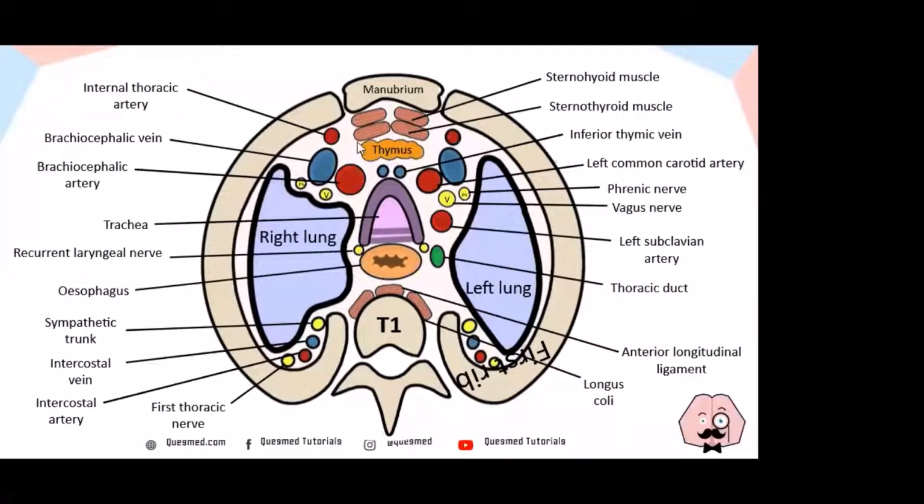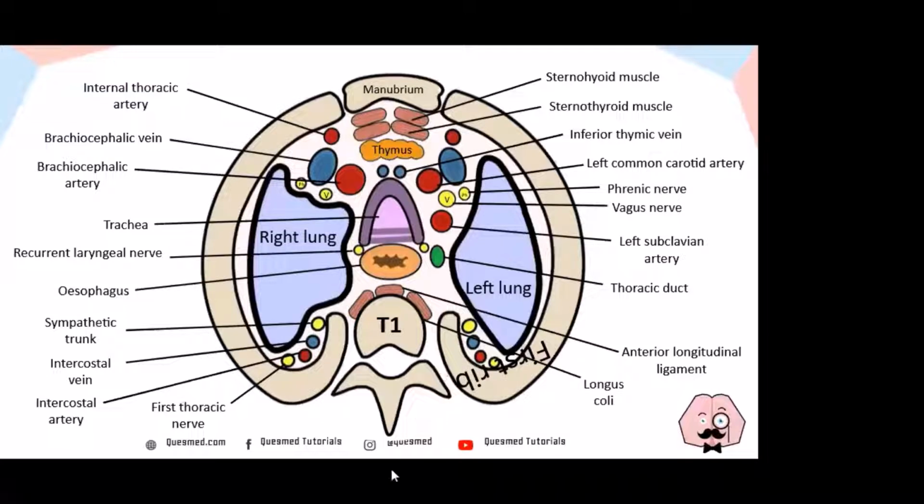And you've got your internal thoracic or internal mammary arteries, which run down the anterior inner part of your chest wall. You've got some muscles that we'll talk about later, sternohyoid and sternothyroid, which are very anterior in the superior mediastinum. You've got your trachea, and directly behind it, you've got your esophagus.